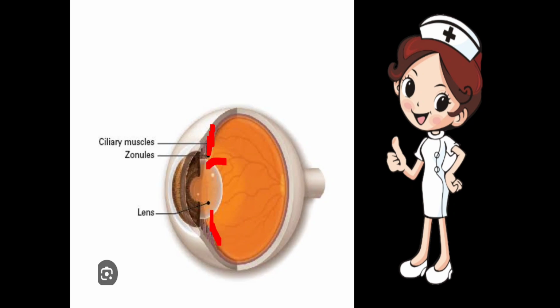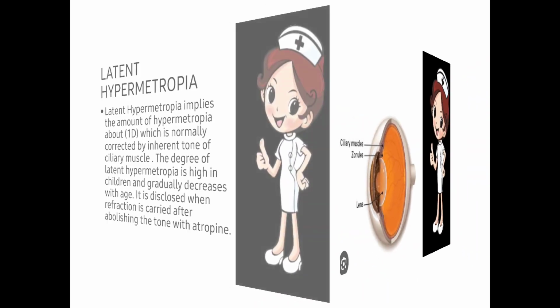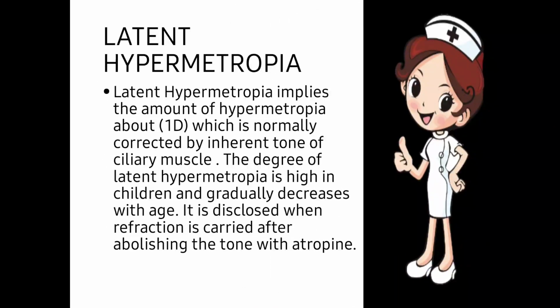This is the lens. The ciliary muscles help to accommodate the lens, so that the image becomes clear. They help us to focus on the image and see clearly.